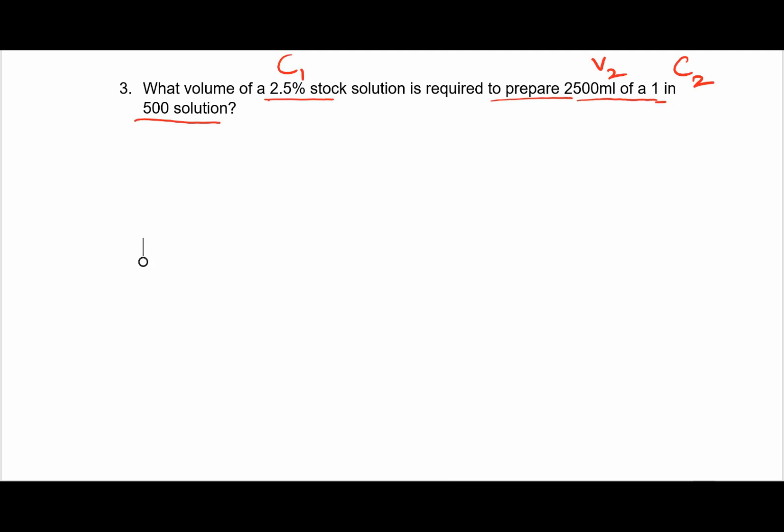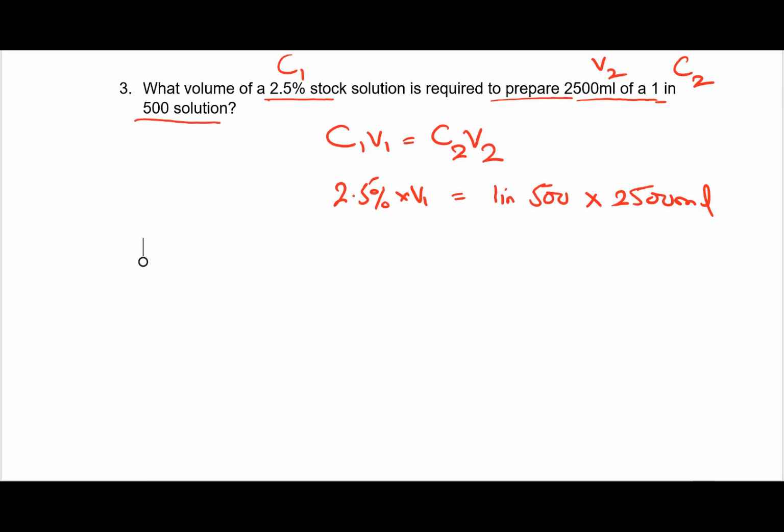So simply we can apply the C1V1 and C2V2 equation. But the problem here is that the concentration present on both sides is in a different form. So let's convert the concentration on both sides into the same form.